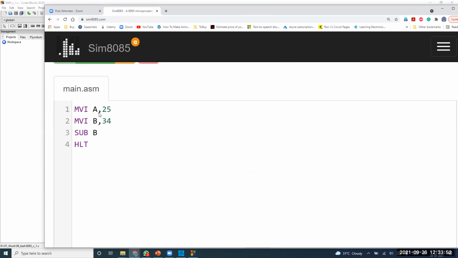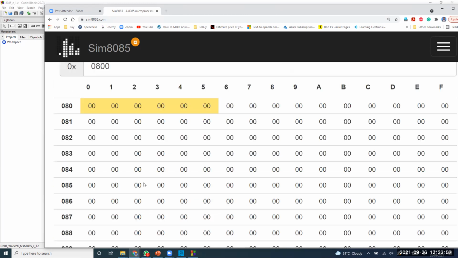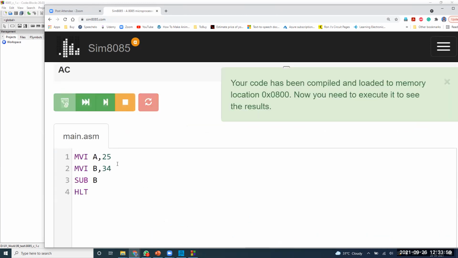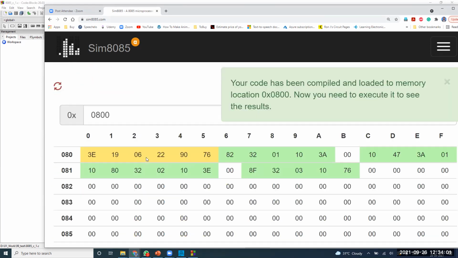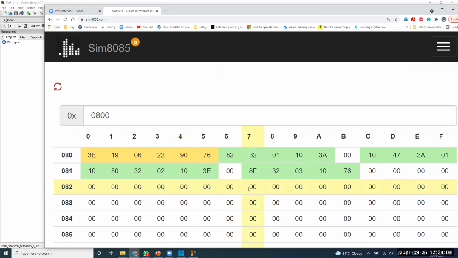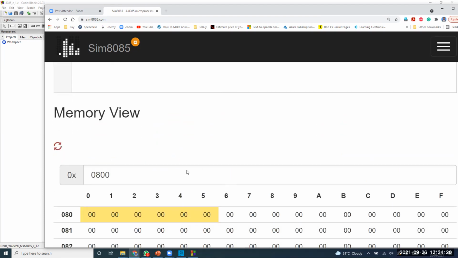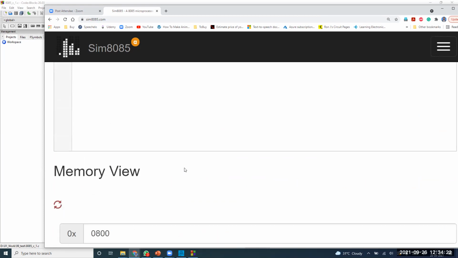It's only a 3-line program. Something is wrong. Sorry, something is wrong. I don't know why it is making this a 4-line program, instead it's making so many lines.